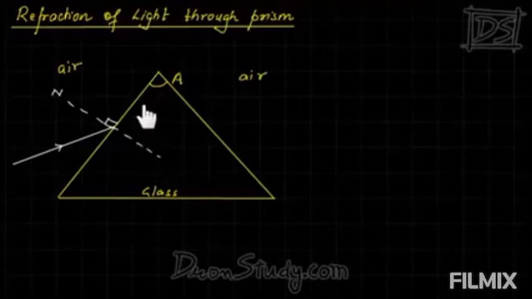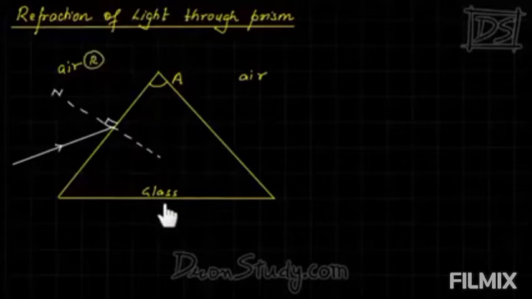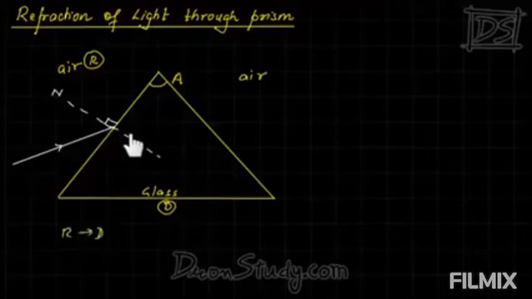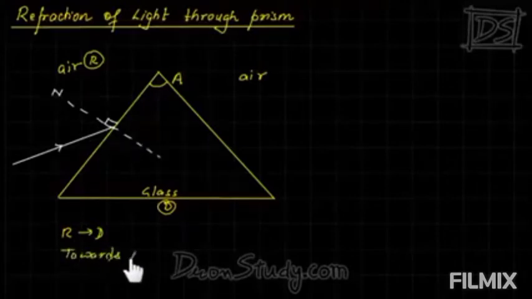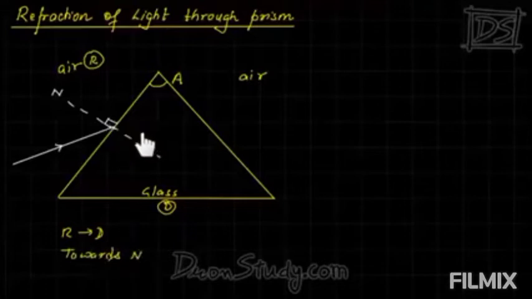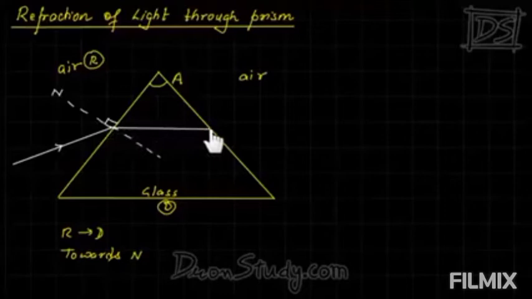You can see the light ray will bend towards the normal. Now we are going to draw the refracted ray. Okay, we can see we have drawn the refracted ray here.